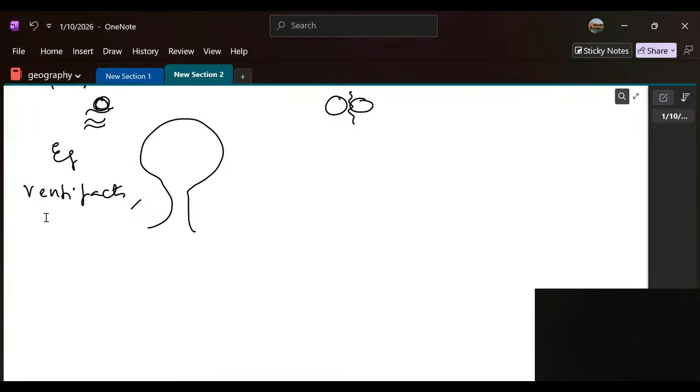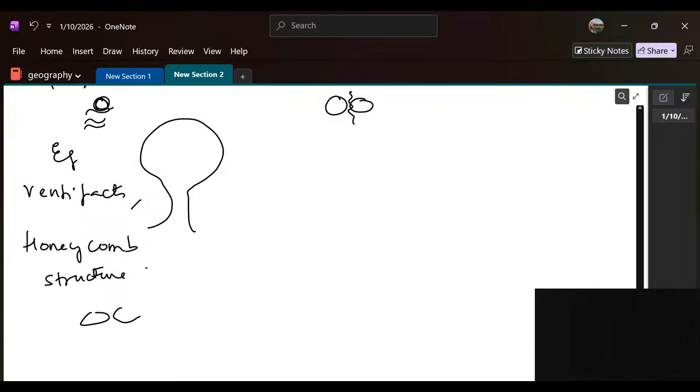Okay. Honeycomb structure also you remember. These are sometimes asked. Honeycomb structure, because the wind has blown out from there, kind of a blowout thing, and it makes a hollow thing here. Fine.